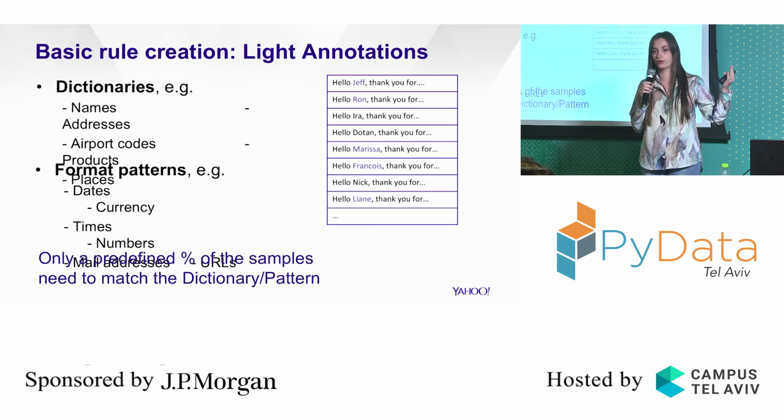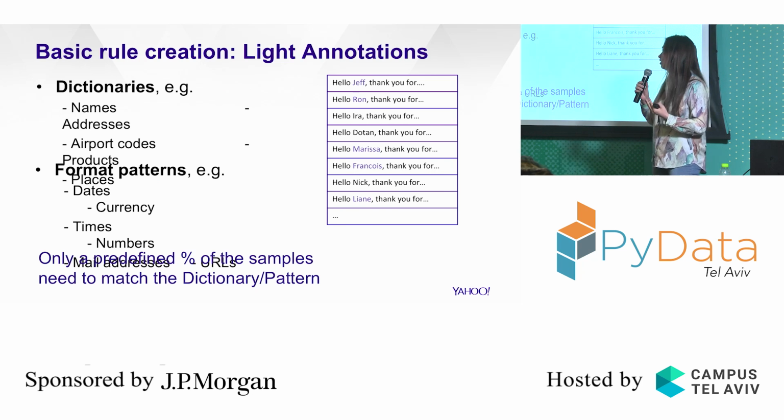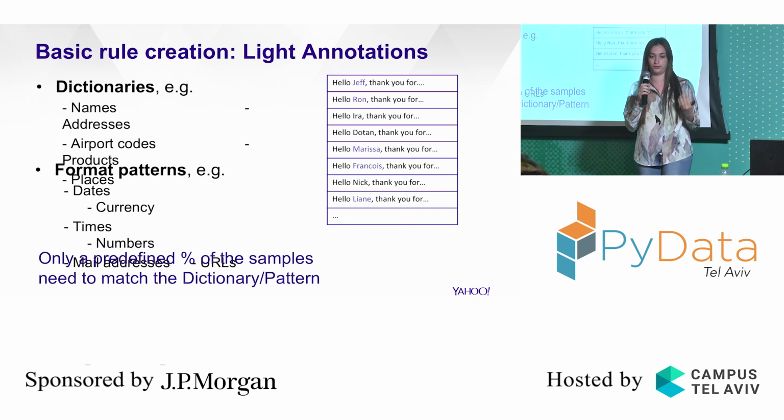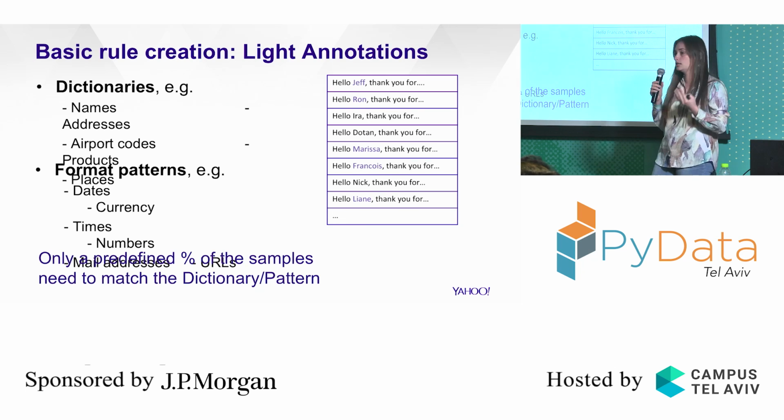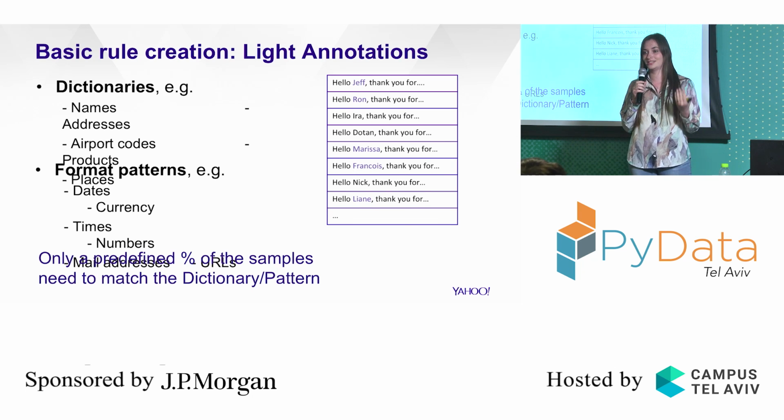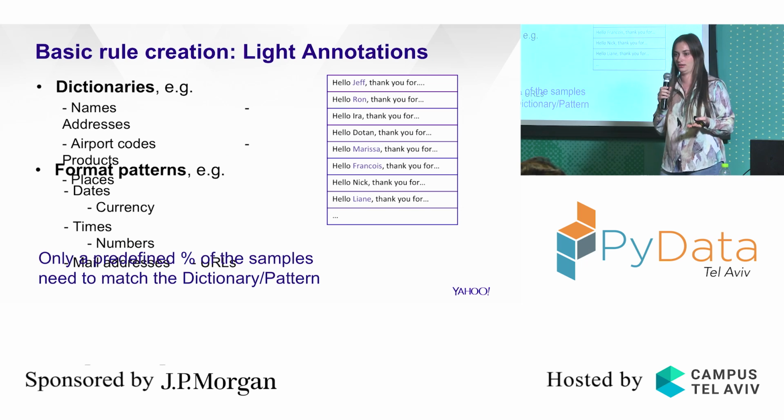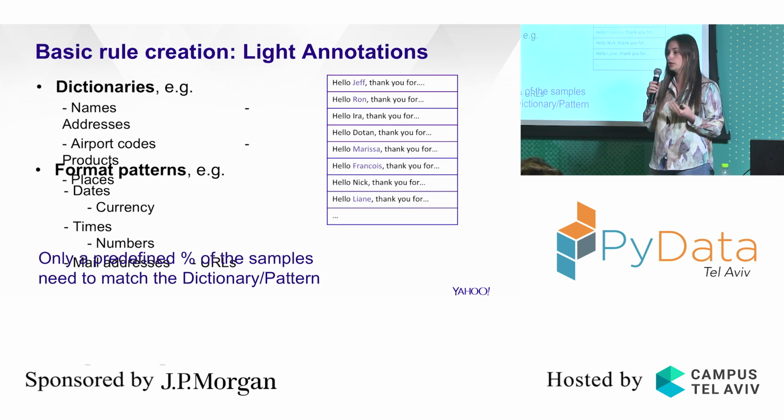So I will take the most popular names, and I need only, let's say, 70% of the samples to have the second word in the dictionary. Here, Jeff, Ron, Marissa, Francois, Liane are in the dictionary, so even though Ira, Dotan, and Nick are not part of the dictionary, we are still able to annotate the second string as a name.